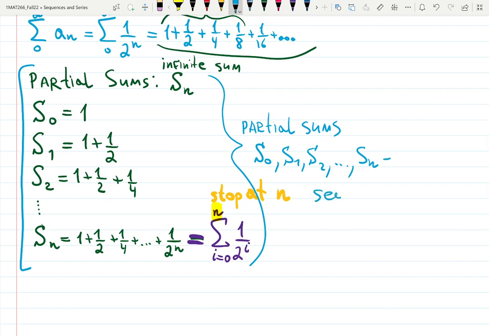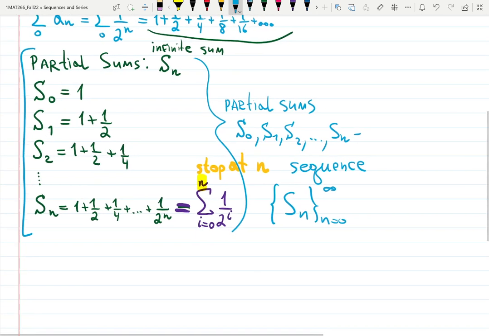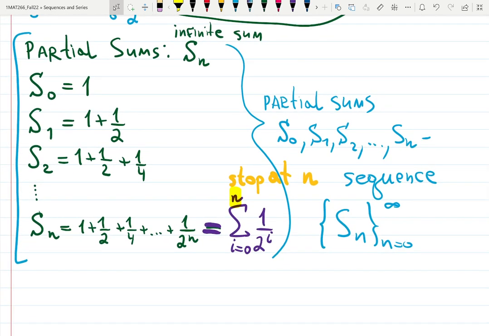It's a sequence. So partial sums of the infinite series create a sequence. A sequence called S sub n goes from 0 to infinity. At some point I should tell you it keeps going. It doesn't stop. It keeps going to infinity.